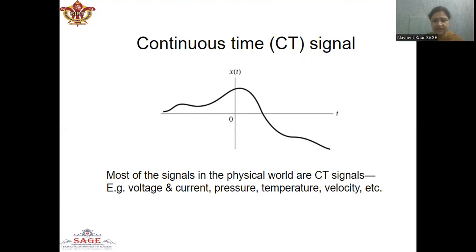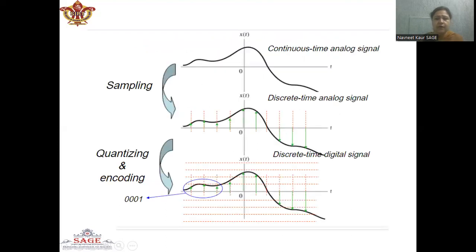Most of the signals in the physical world are continuous time signals, like voltage, current, temperature, velocity, etc. Here we can see the difference between the continuous time and discrete time signal.